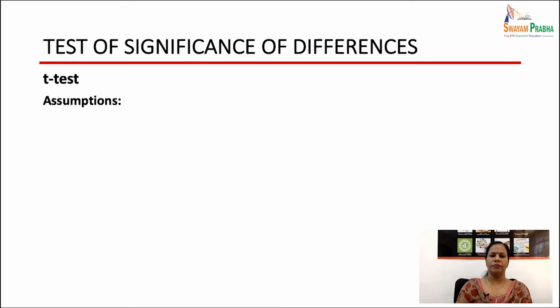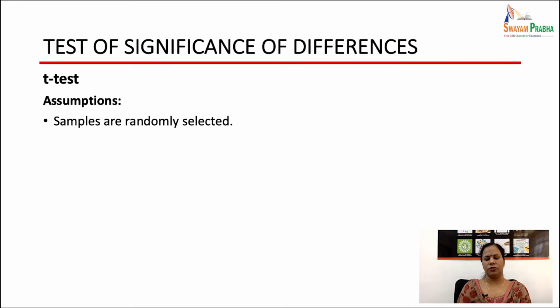The assumptions of the t-test are that samples are randomly selected. So always, whatever samples we are going to apply the statistical test on, the samples should be randomly selected. Second thing is we should have quantitative data. So the t-test is always applied on quantitative data, that you should be very clear. It is not applied on categorical variables. It is always applied on quantitative data.